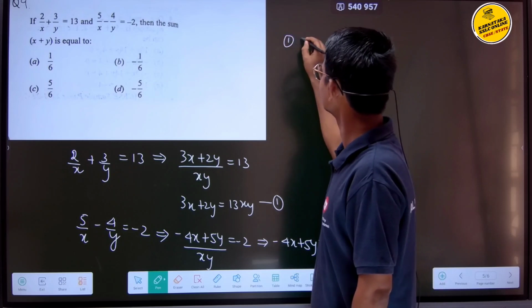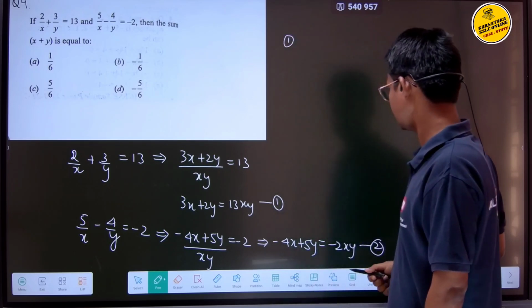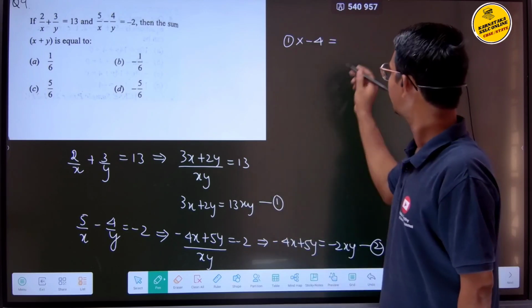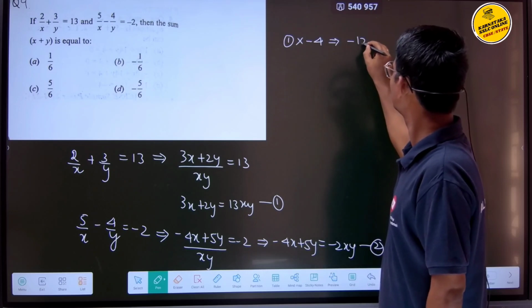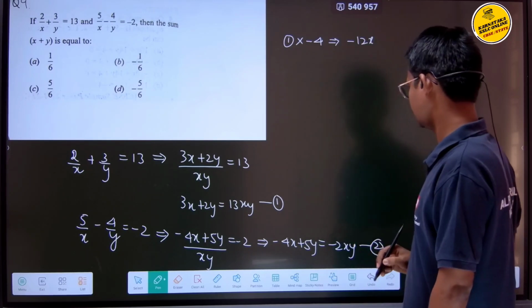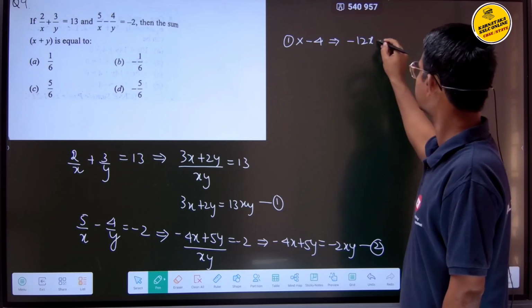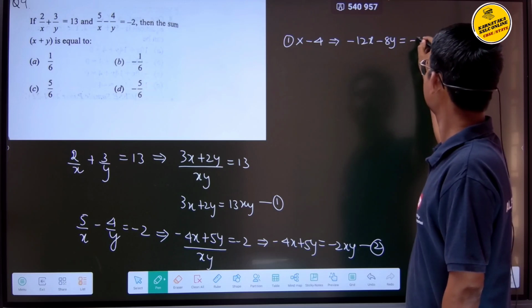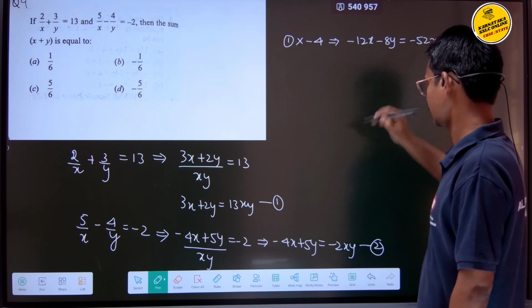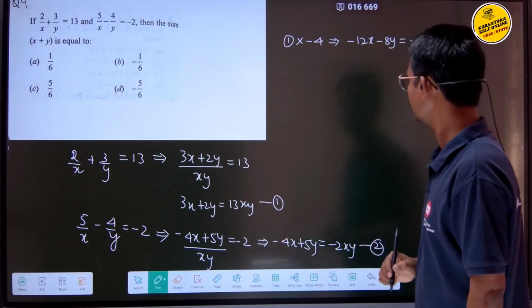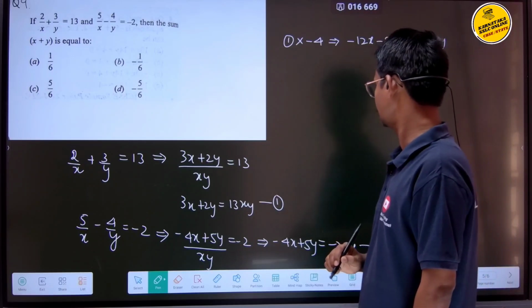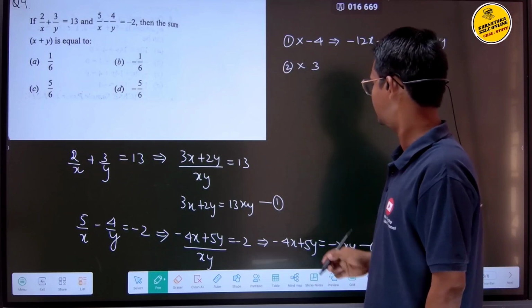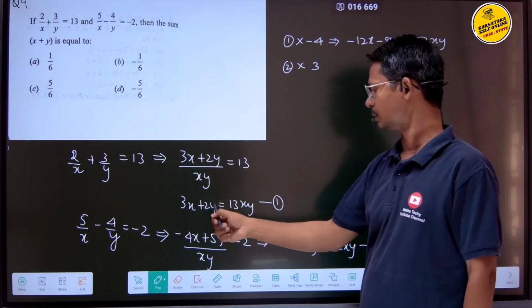I'll write equation 1 here, and I'll multiply it with minus 4. When I multiply, I'll get minus 12x minus 8y equals minus 52xy. I'm multiplying with minus 4. And now equation 2 I'll multiply by 3, nothing but the coefficient of x of equation 1.